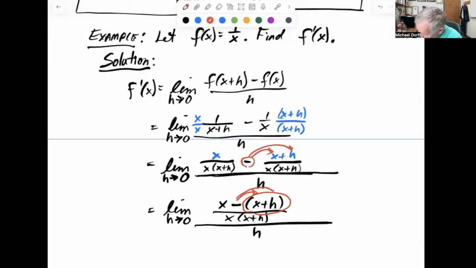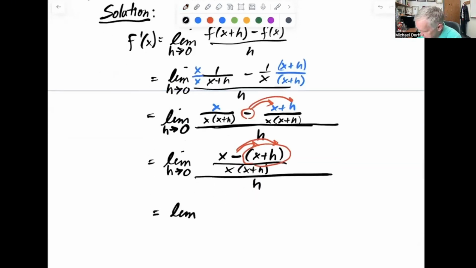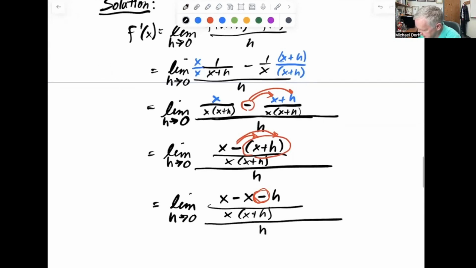And so by doing that parentheses, I represent that I'm doing that. So now if I get rid of that parentheses, I'm going to have an x minus x minus h. Again, notice you should have a minus there, not a plus. That's a common mistake that students sometimes make. All right, and then I have my denominator, and then that whole denominator is h there.